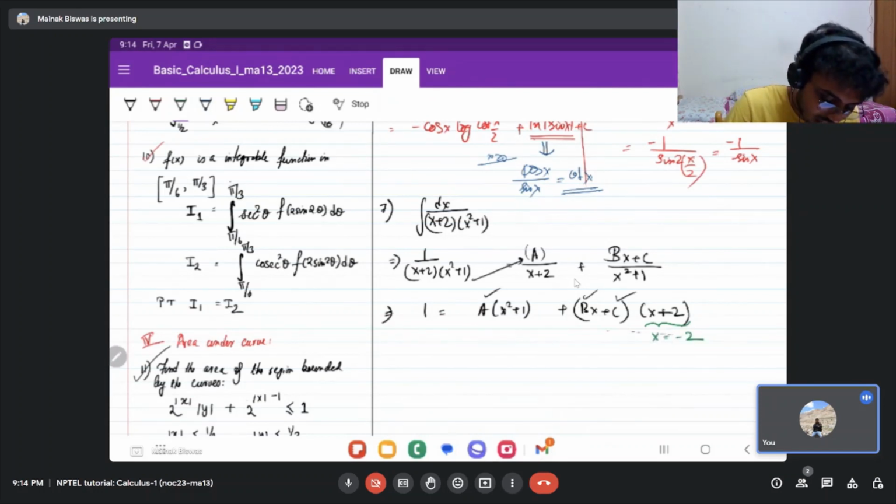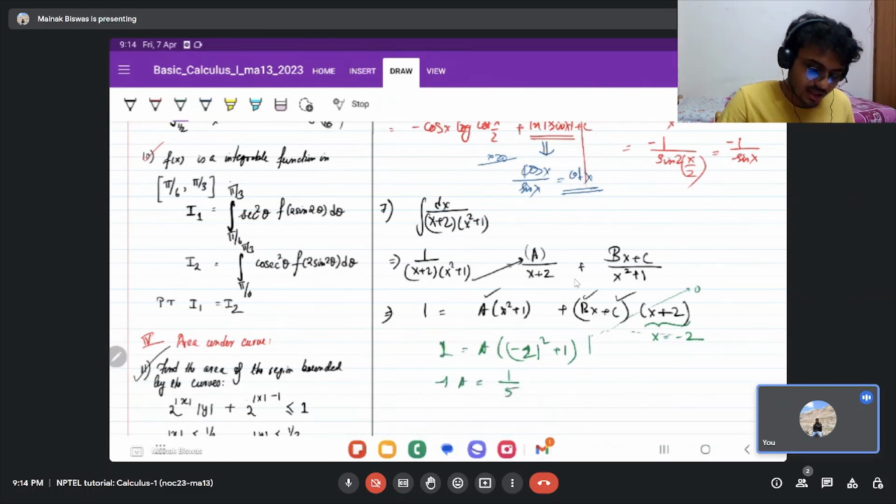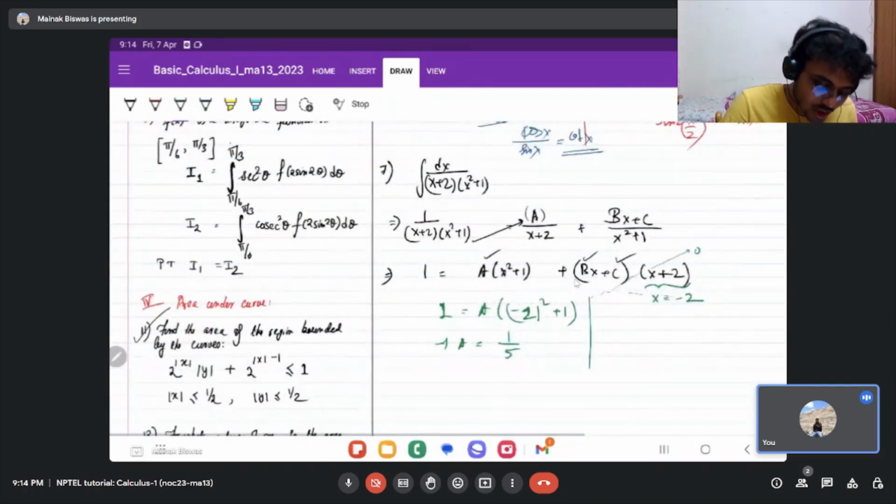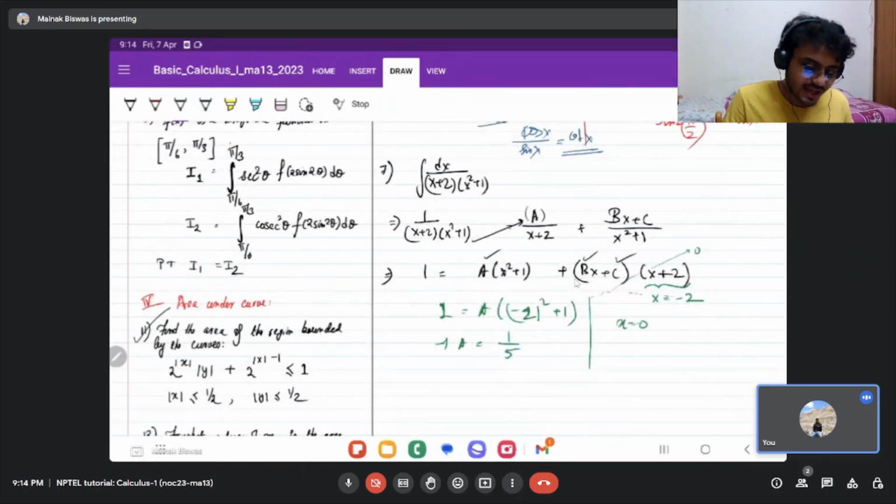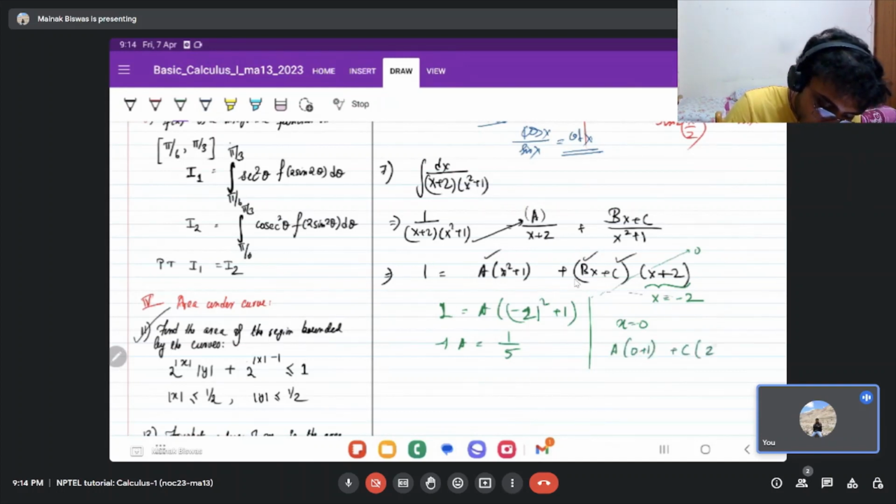If I use that, you will vanish this part, so you will be remaining with a times (minus 2 squared plus 1) is equal to 1. So you will have a is equal to 1 over 5. Similarly, putting x is equal to 0 again vanishes a lot of things. So you get a times (0 plus 1) plus c into 2 is equal to 1.